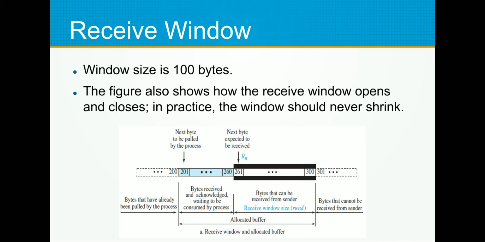So 261 to 300 represents the bytes that can still be received from the sender, and this size, which specifies how many bytes can be received from a sender, is called the receive window. Even though the size of the buffer allocated is 100 bytes, the receive window size is just 40 bytes because 201 to 260 is already occupied by bytes that are waiting to be consumed by the application process. So this is with regard to the receive window.